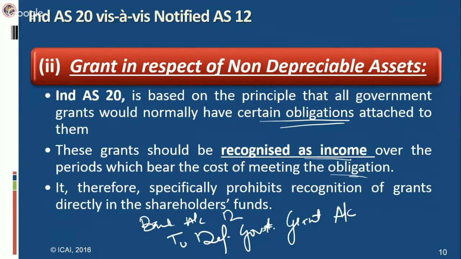Here, one thing you may notice is that Ind AS 20 does not say to reduce it from the cost of the asset. It only says that you have to recognize it as income over the periods.